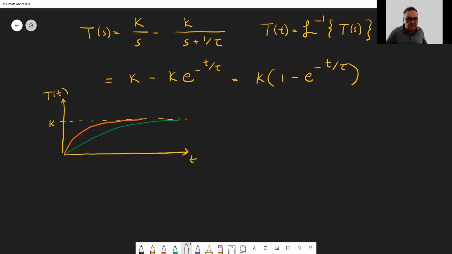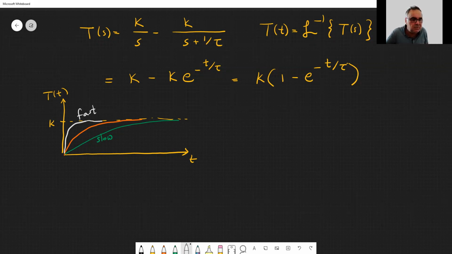Or it might be faster, like this. Well, the speed of this response is all determined by the time constant, as you see.